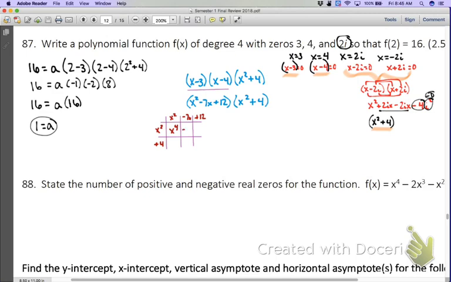x to the fourth minus 7x to the third plus 12x squared plus 4x squared minus 28x and plus 48. And then just combine like terms wherever I have them.